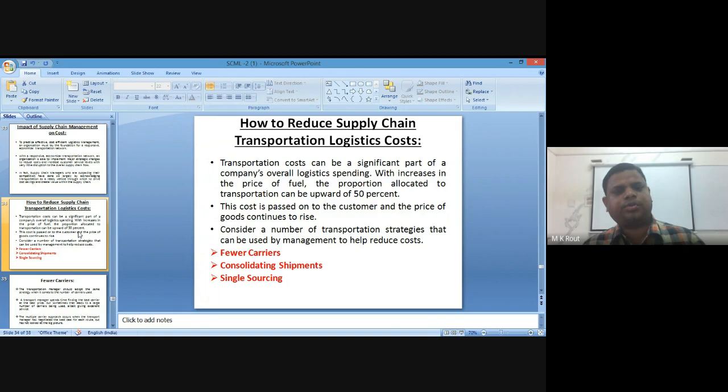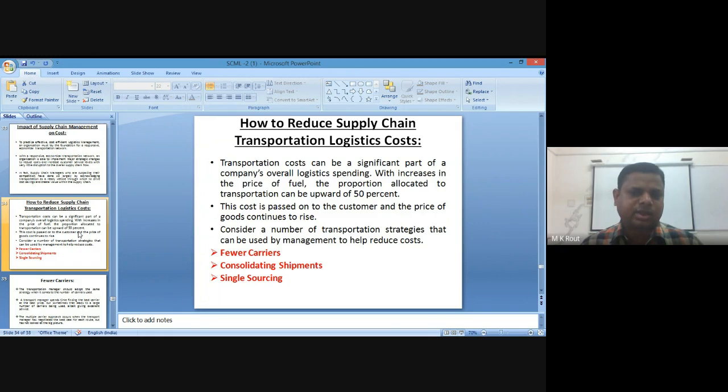So if you go to the content of this particular topic, transportation cost can be a significant part of a company's overall logistics spending. As per the rule, the transportation cost should not exceed around 50% of your whole production cost.